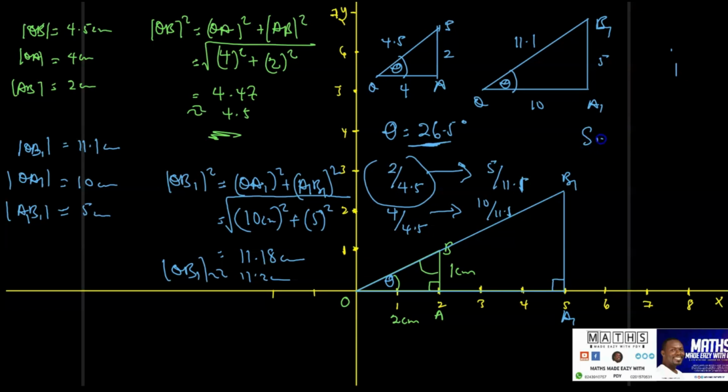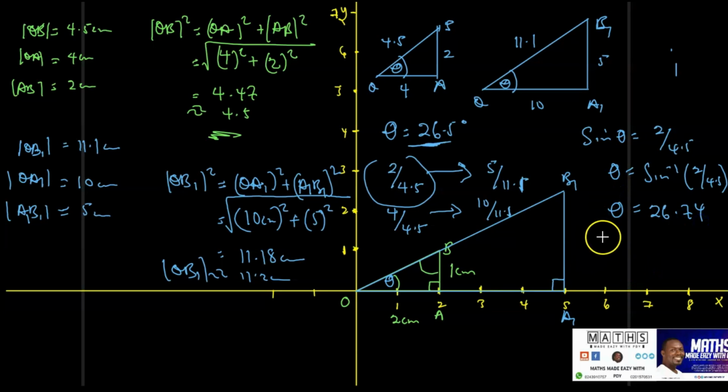So what it means is that when we found, watch, sine theta was equal to 2 over 4.5, and then finding theta, it was sine inverse of 2 over 4.5. We had theta value as 26 point 74. Let's say 26.74.